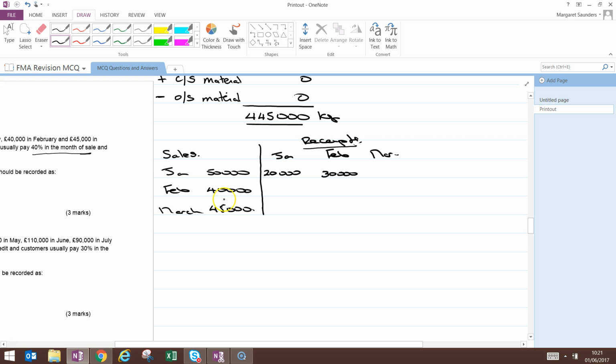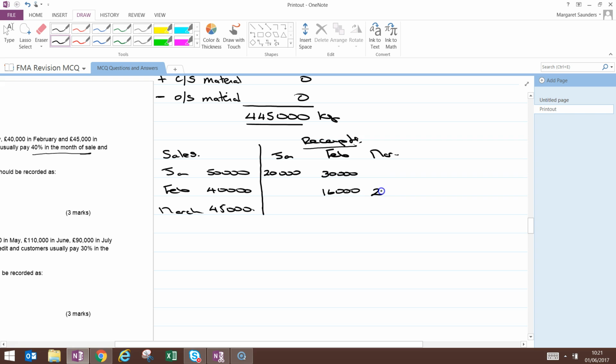Now we move on to our February sale, £40,000. 40% is received in the month of sale, so 40% of 40,000 is 16,000. That's received in the month of sale, so it's received in February. The balance is received 1 month later, so it will be received in March.